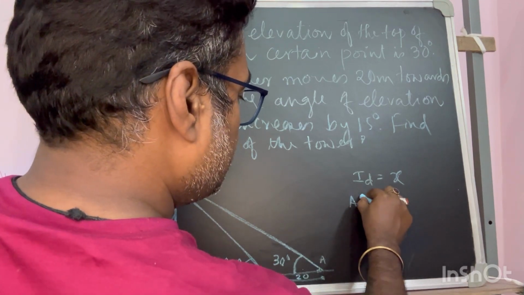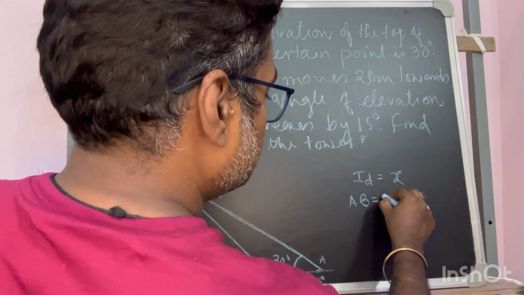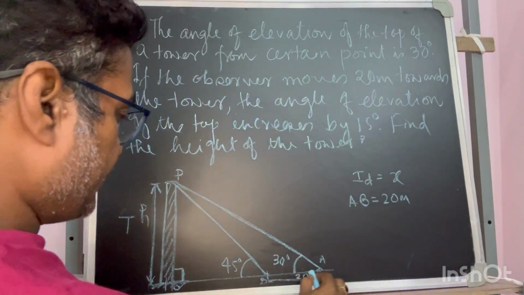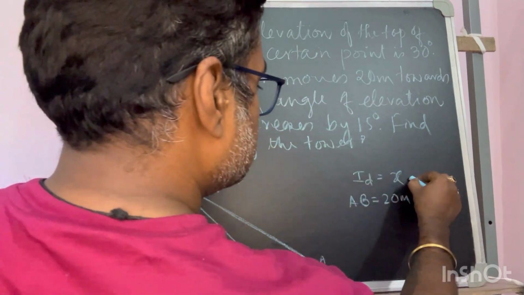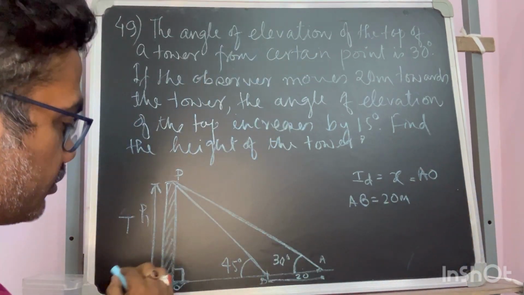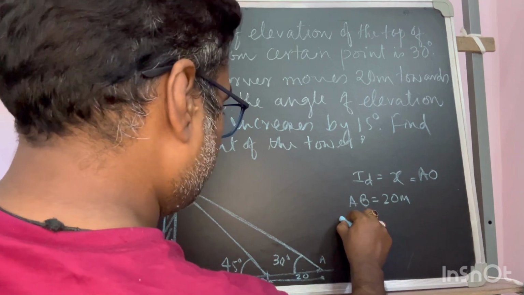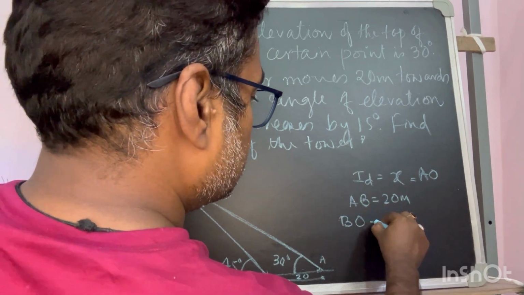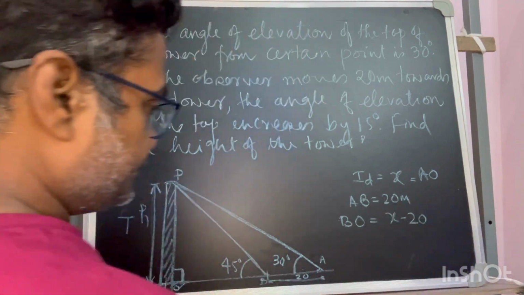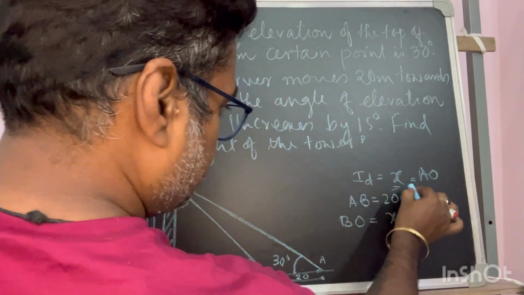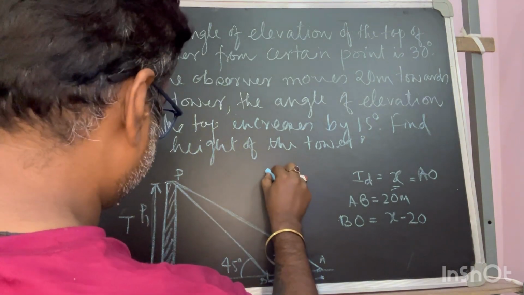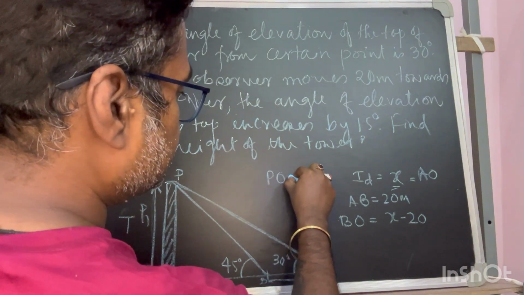AB is the distance the observer has moved, 20 meters. AO is the distance to the bottom of the tower, so what is BO then? It is nothing but x minus 20. The only variable is x, and here is h. And PO is taken as h.